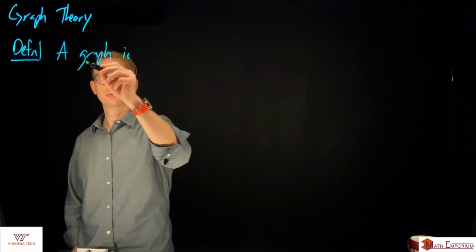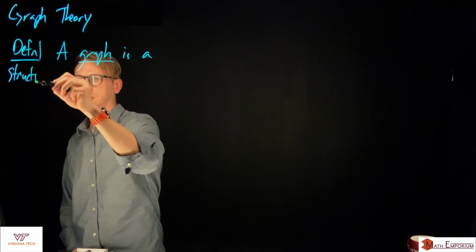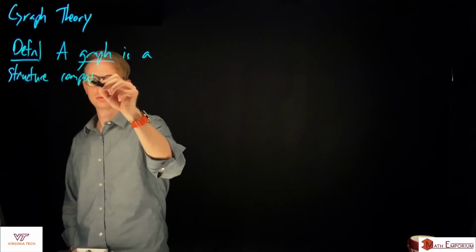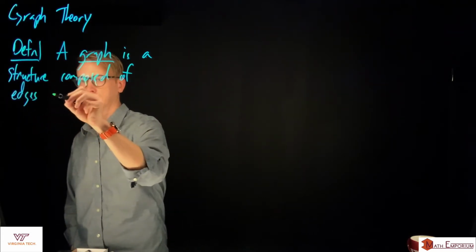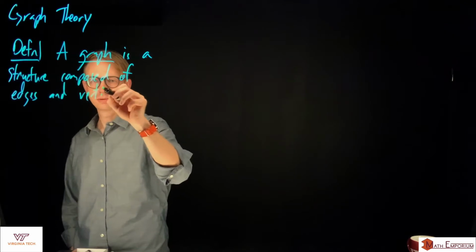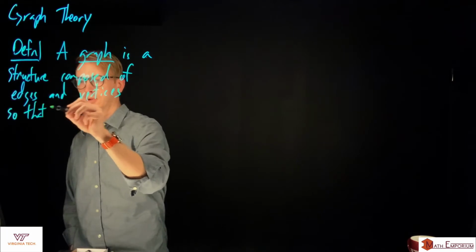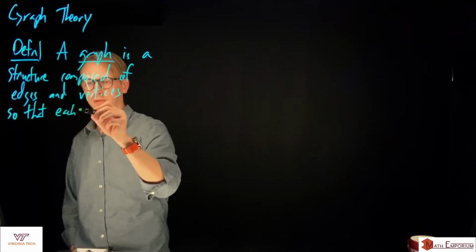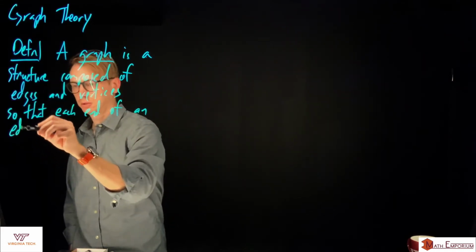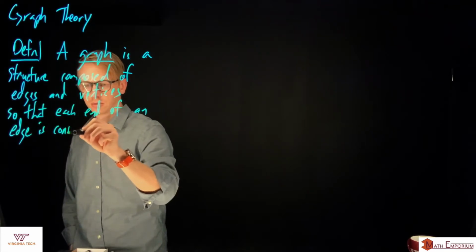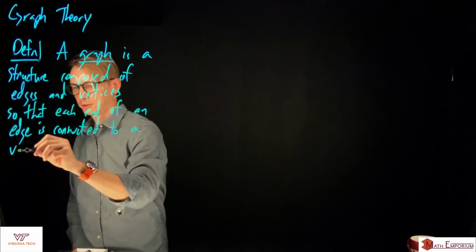A graph is a structure composed of something called edges and vertices, so that each end of an edge is connected to a vertex.